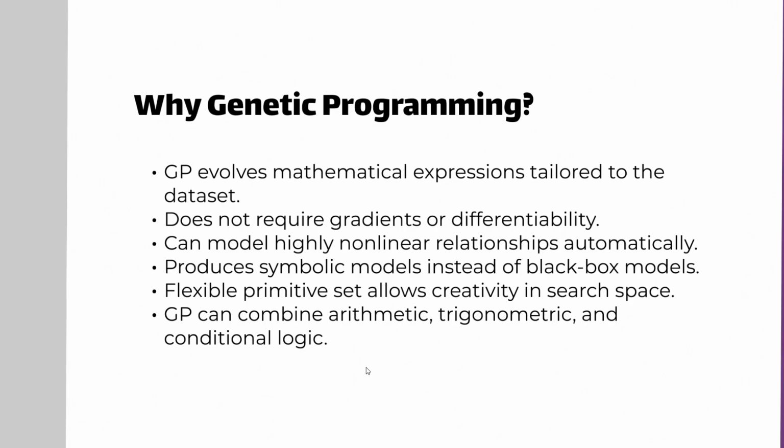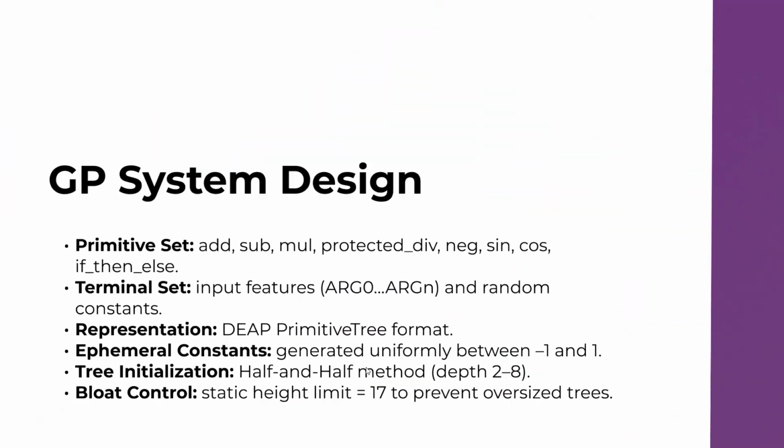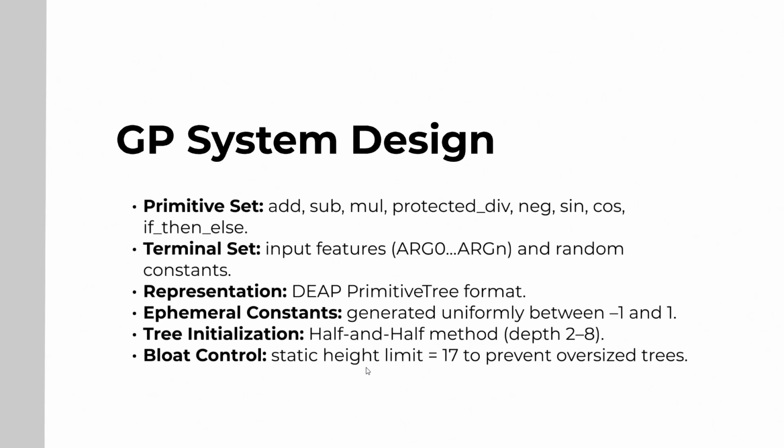Now let's discuss the genetic programming system design. To make GP expressive enough, we constructed a robust primitive set. This includes basic arithmetic operators like addition, subtraction, multiplication, and a protected division function to safely handle division by zero.